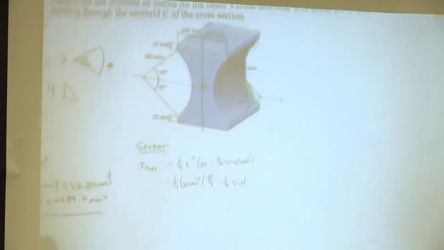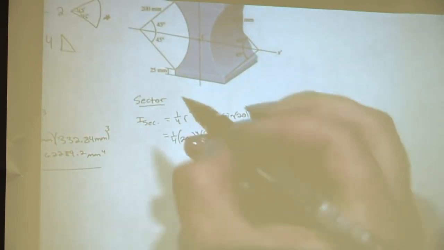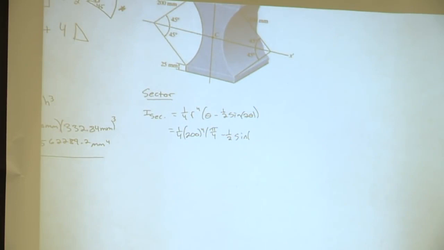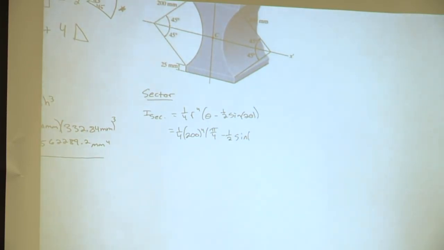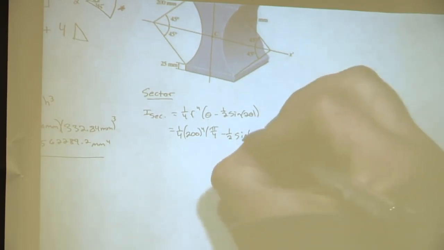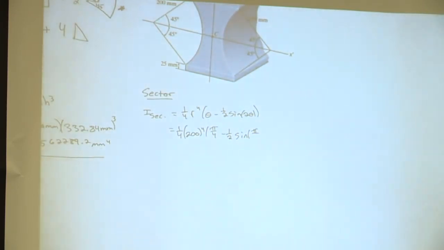Okay, so here's the thing that can be pretty tricky. This theta right here, you have to convert to radians. This one right here, you can leave as degrees, and your calculator will have to be in degrees also, but you can convert it to radians so that everything's in radians. But you do have to change your calculator to radians. So I'm just going to leave it as pi over 2.